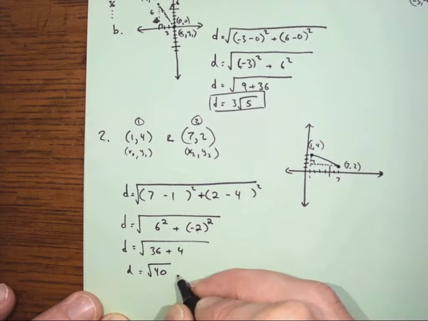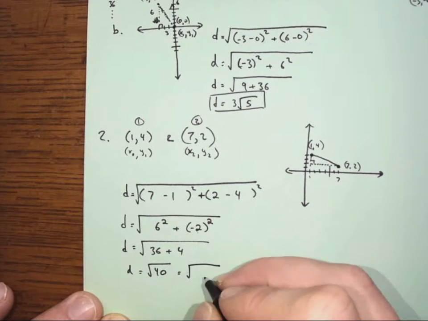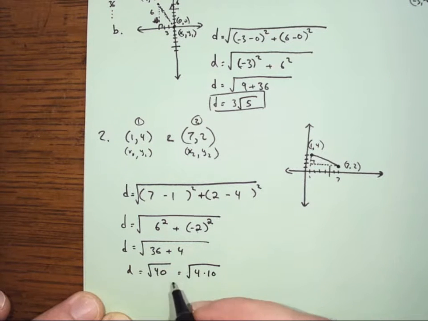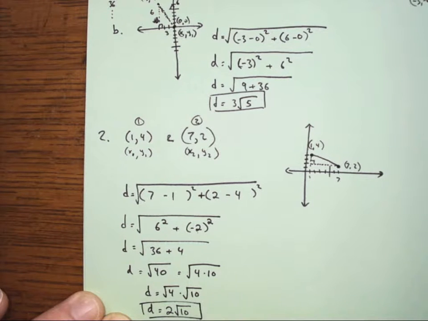So actually, the distance could be written as the square root of 4 times 10, because 40 is the same thing as 4 times 10. So that means I could really rewrite that as the square root of 4 times the square root of 10, or really just say the distance is 2 root 10. And that is question A.